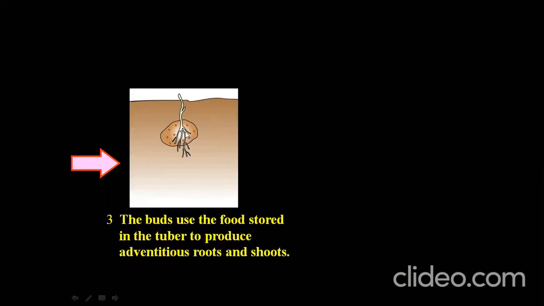This bud is using that food stored in this potato tuber to produce adventitious root and shoot. The adventitious root is going down to absorb water and minerals from the soil, while the shoot will grow upward to develop leaf.